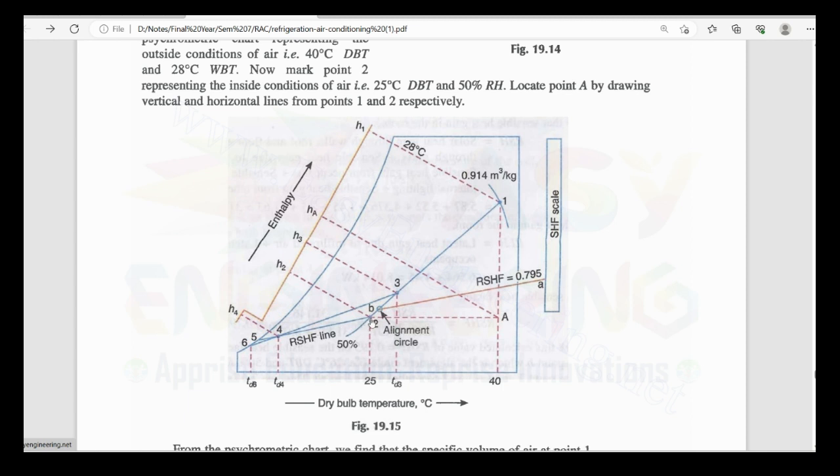Just join point number 2 to the saturation line, and you will get the room sensible heat factor line. This line is very important in the problem, because it will give us the coil ADP, as well as the condition we are supplying to the room. So this line is very important.